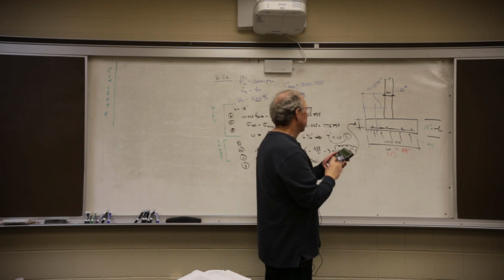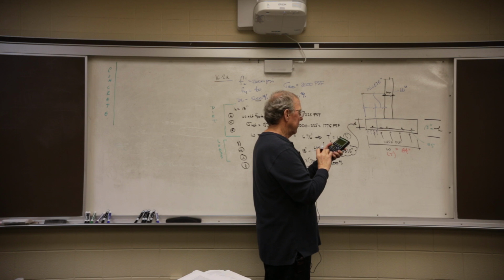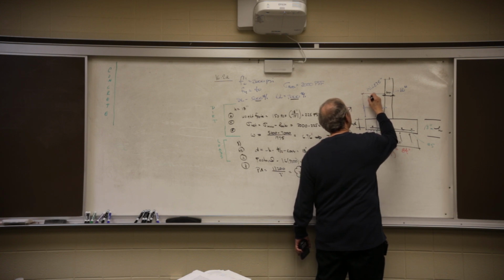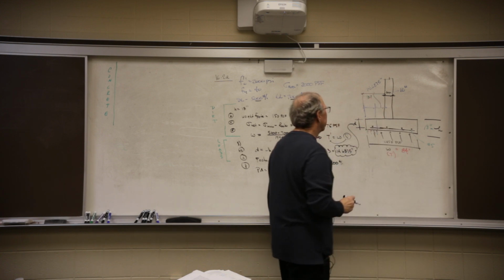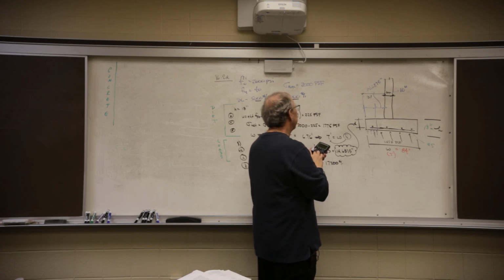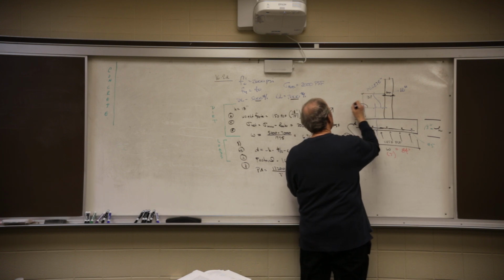They're both the same. So 84 minus 10 divided by 2, 37 inches. If that is 37 and the first part is 14.6875, so I'll subtract, this has to be 22.3125 inches.